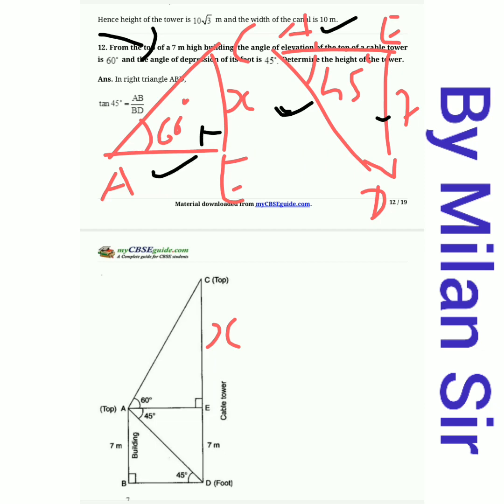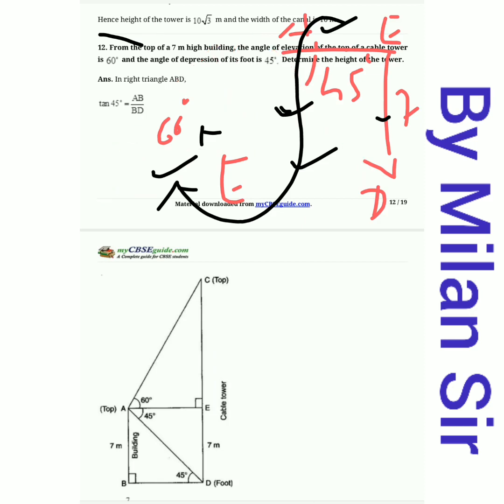AE is the common side in both triangles. From the second triangle, one side is given, DE as 7 meters, and one angle is given, 45 degrees, so we can find AE from here. If we put this value of AE in the first triangle, then we can find the value of X, and if we find X, then we can find the height of the tower.